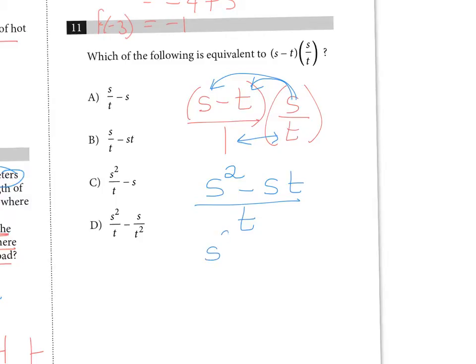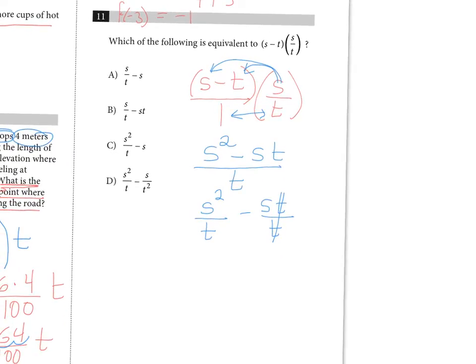I can say that is the same thing as s squared over t minus st over t. Can you simplify something there? The t on the second term, right? So t divided by t is just 1. So that simplifies as s squared over t minus s. And that would be C. 11 is C. So that was number 11.